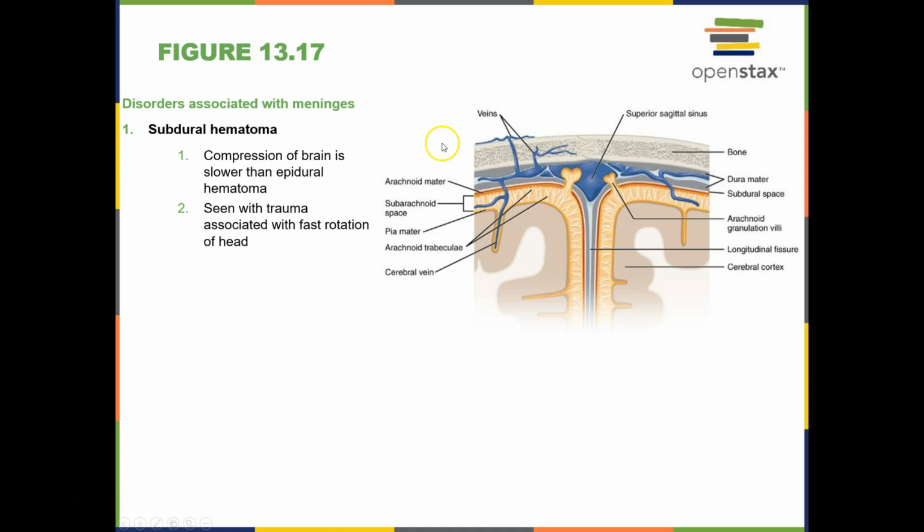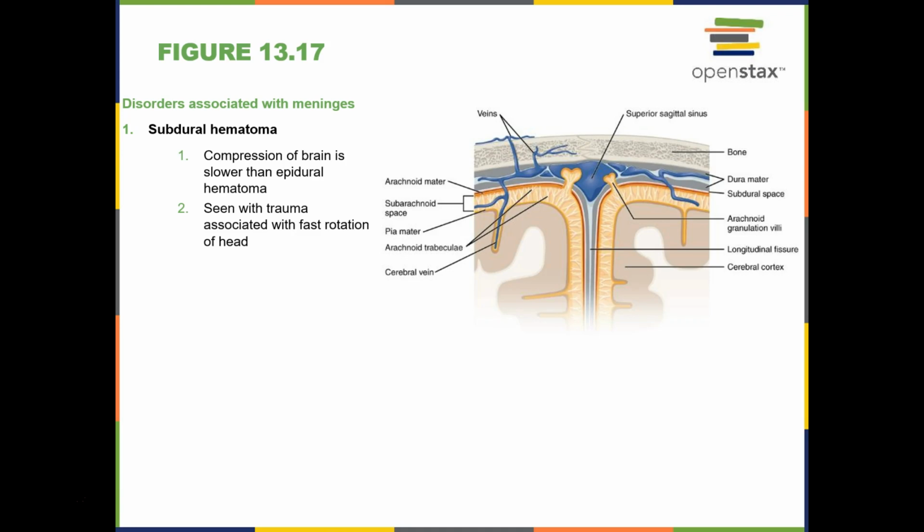Subdural hematoma can be even more dangerous. Subdural occurs between the arachnoid mater and the dura mater. When the subdural hematoma occurs, it's usually not seen as quickly. It usually starts with someone having a headache, having pain, and then eventually can lead to brain damage first, and then death if not taken care of.